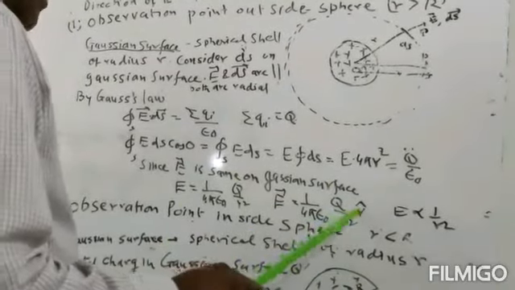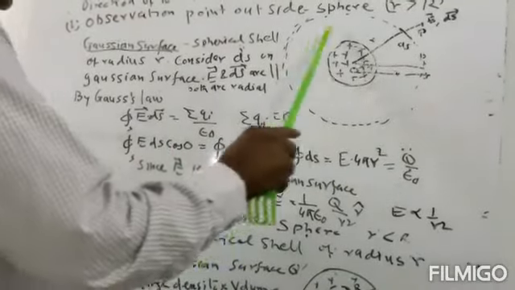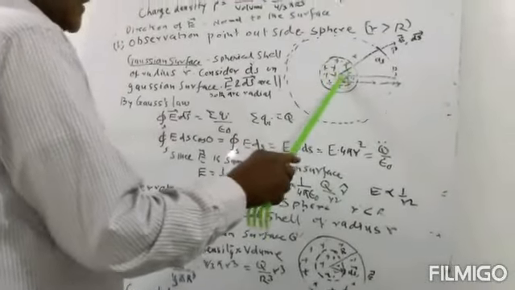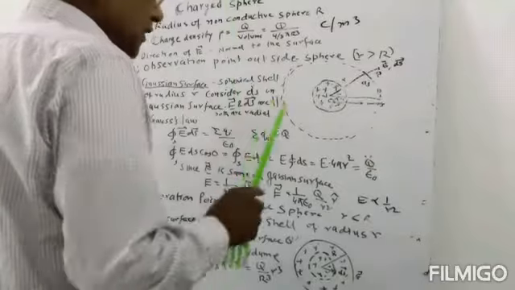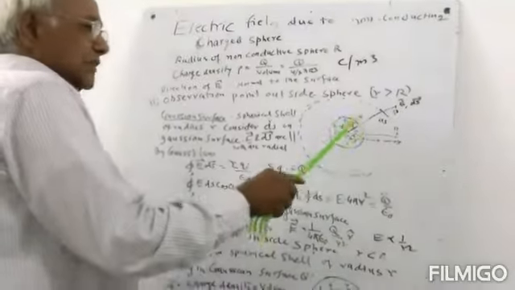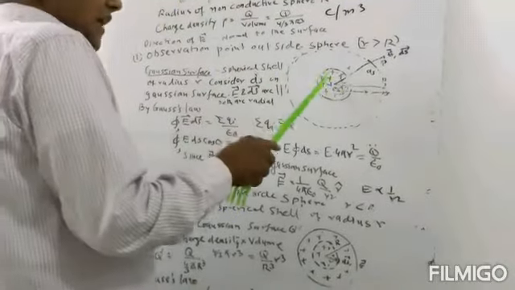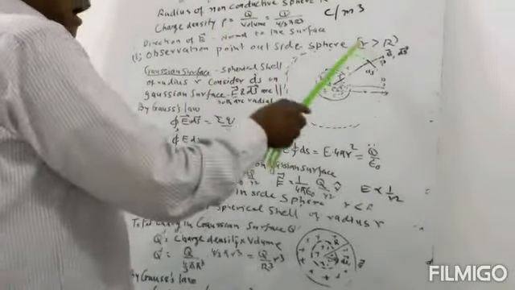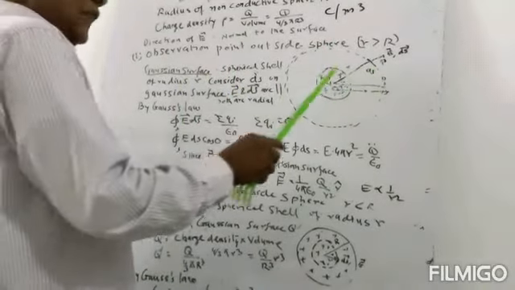So you can see this result is same as the electrical field due to a spherical shell which is conducting, or a spherical shell which is non-conducting, or a conducting sphere. The electrical field outside the surface will be equal in all the 4 cases.